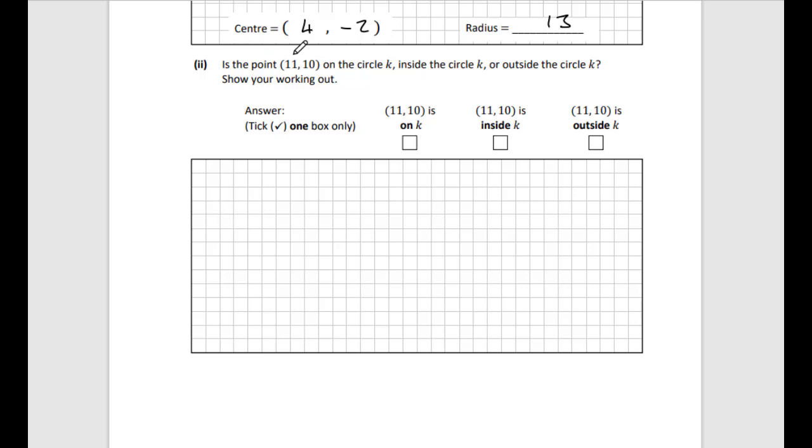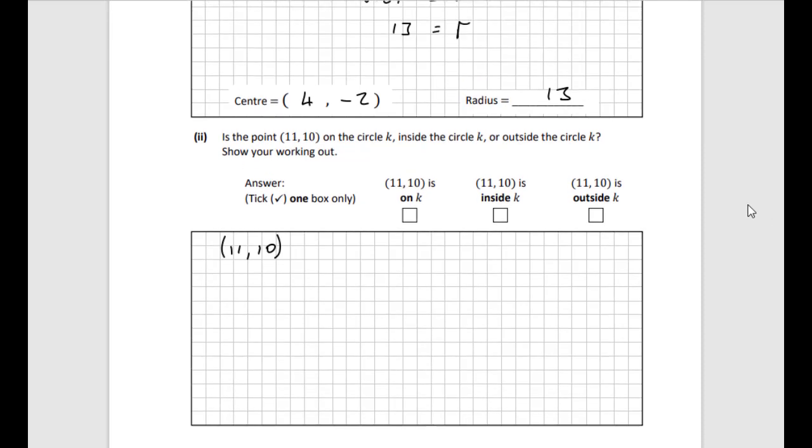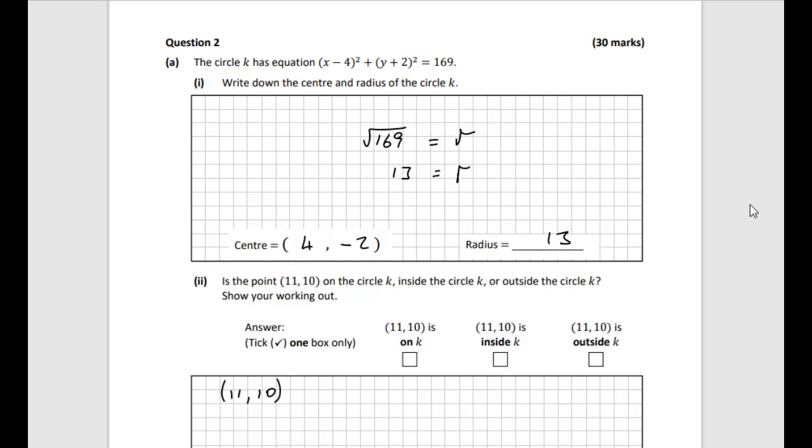Is the point (11, 10) on the circle K, inside the circle, or outside the circle? Show your working out. Okay, so we have the point (11, 10), and we want to know, is it on this particular circle, (x - 4)² + (y + 2)² = 169.